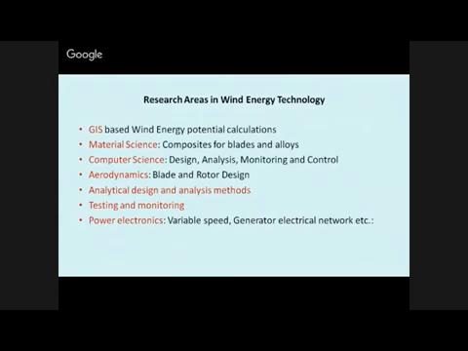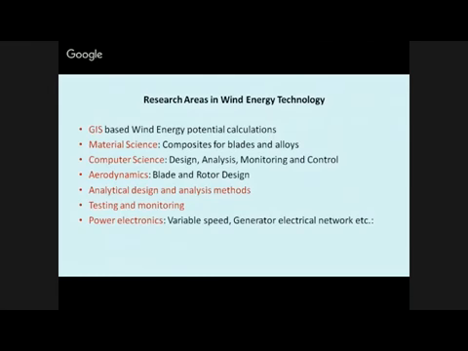Material science plays a very important role for blade composites and alloys. Computer science covers overall control, design, analysis and monitoring. Then aerodynamics plays a role in blade and rotor design, because stability and reliability are important aspects. Analytical design and analysis methods are also required.